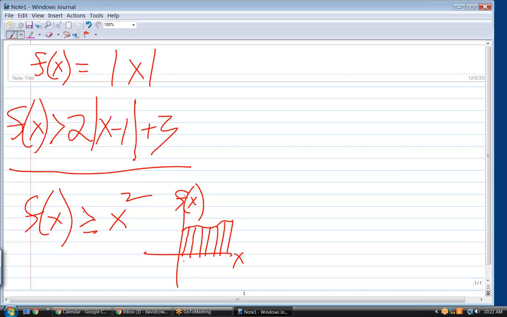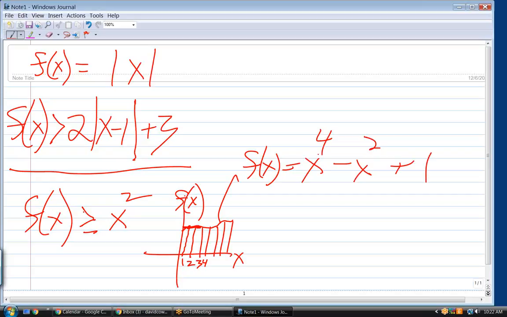Well, if that's 1, 2, 3, 4, this point right here, the height of that rectangle is f of 1. The height of this rectangle is f of 2. This is f of 3, and so forth and so on. I don't know what f of x is yet even. Maybe this is some complicated formula. f of x equals x to the 4th minus x squared plus 1 or something like that.